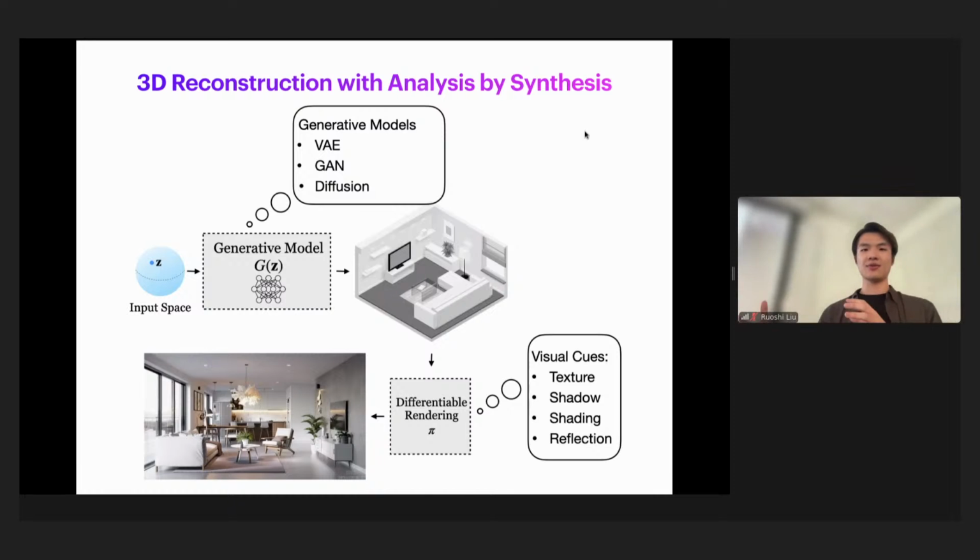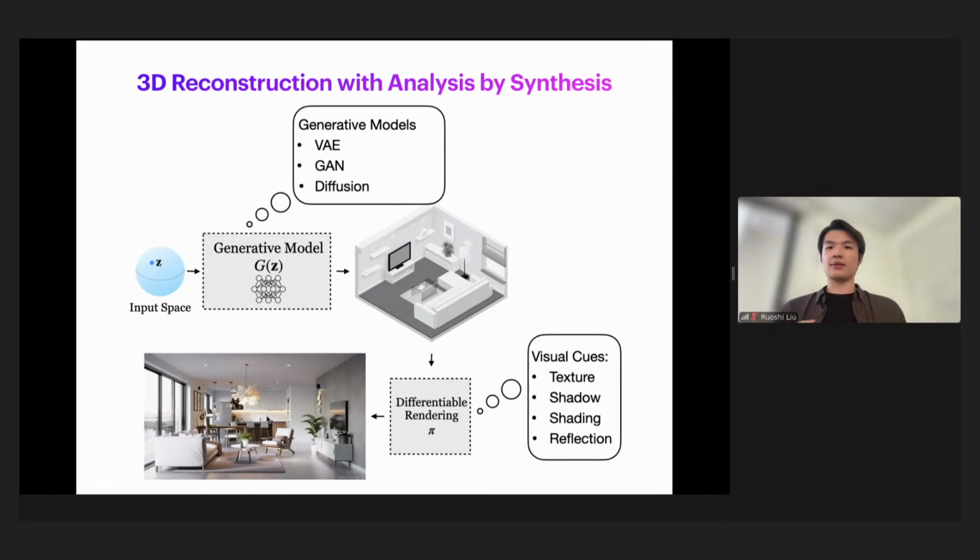The way this works is, we have a generative model which has some input latent space. The generative model architecture could be a VAE, a GAN, flows, or a diffusion model, and there should be an input space to the generative model. So you could randomly sample some initial guesses of the scene, like the room we're trying to reconstruct, and we could render the image using differentiable rendering.